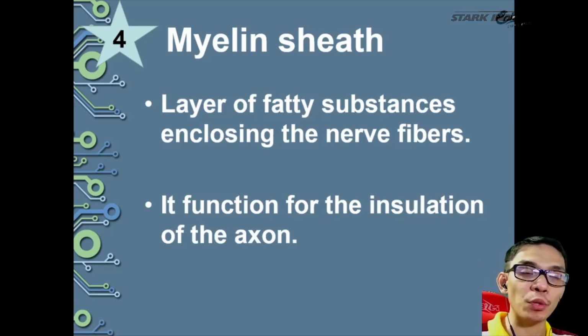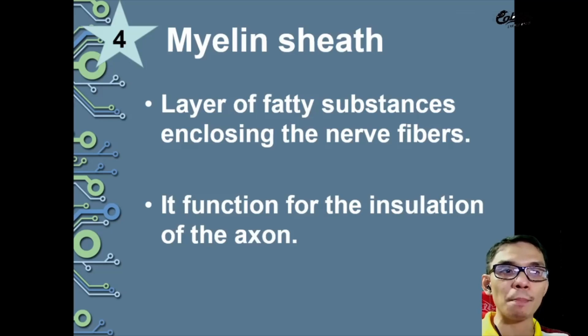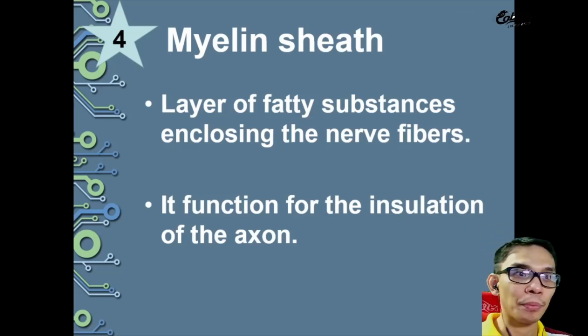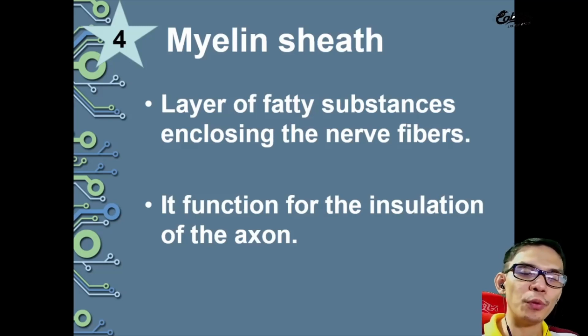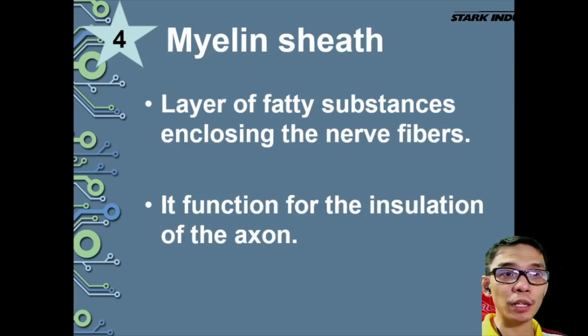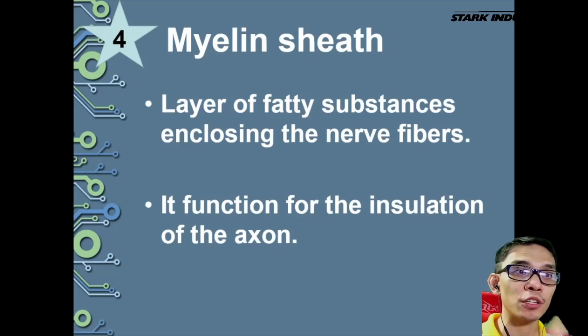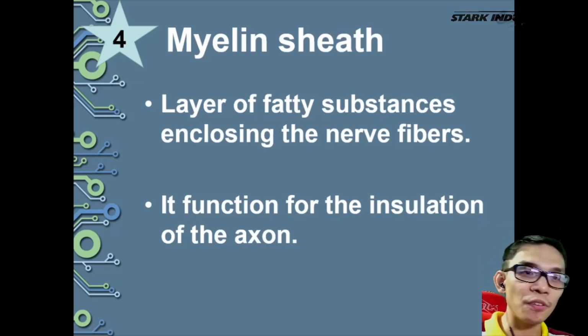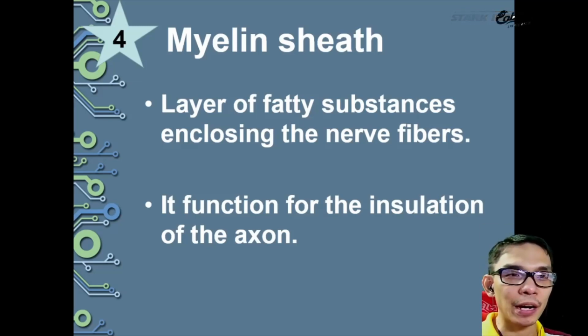It is because we do not allow the nerve impulse to jump to the other neuron anytime. The nerve impulse travels through your neuron in a unidirectional manner. If you don't have any insulation from the myelin sheath, the impulse will jump off in another direction, away from your neuron.